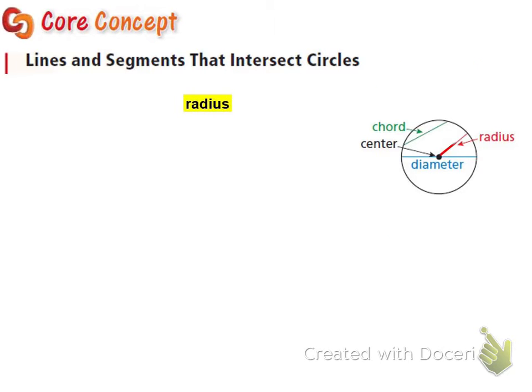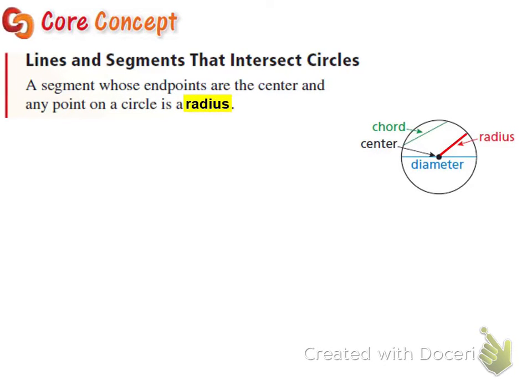A chord is the next one we're going to talk about. So a chord you've labeled right here. A chord is a segment that goes from edge to edge.